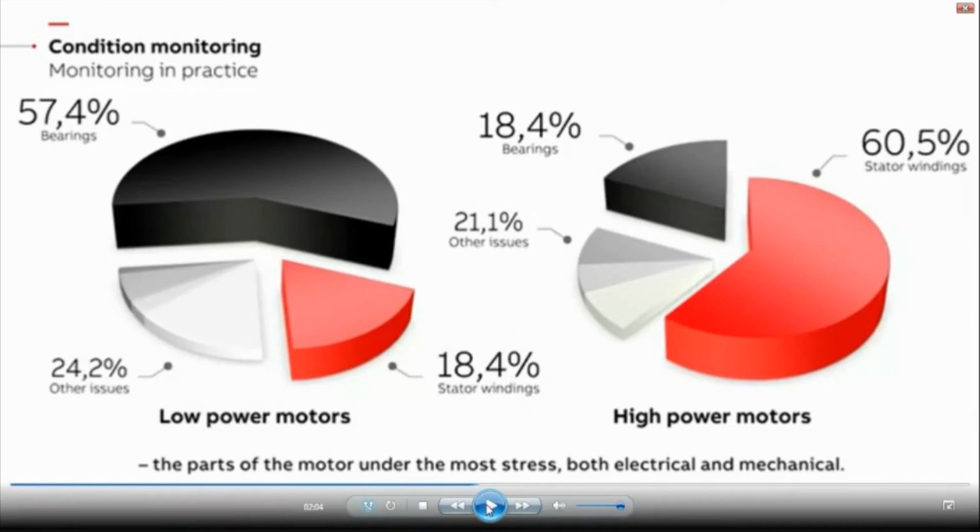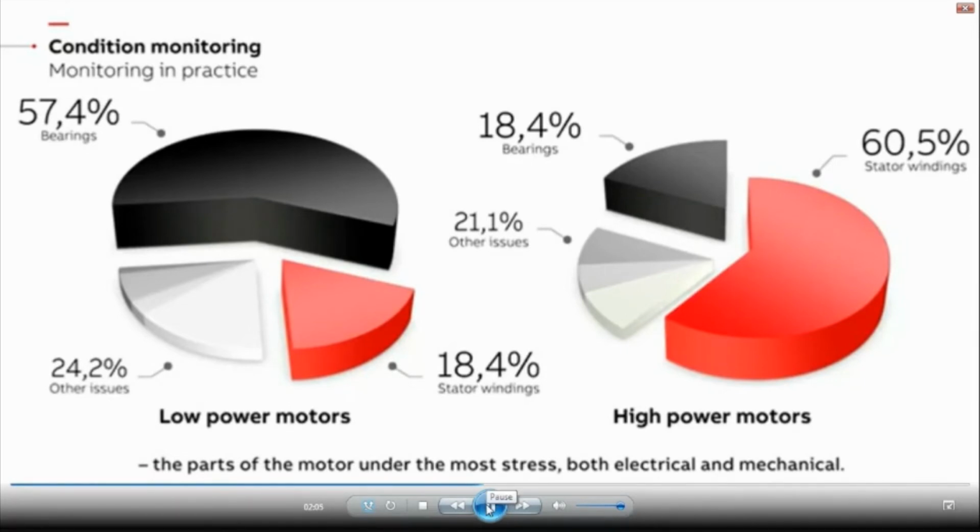So all these motors are connected through the online monitoring system. All the parameters which are required to be monitored are monitored in the online form so that timely decisions can be taken, and due to the timely decisions the downtime can be minimized.